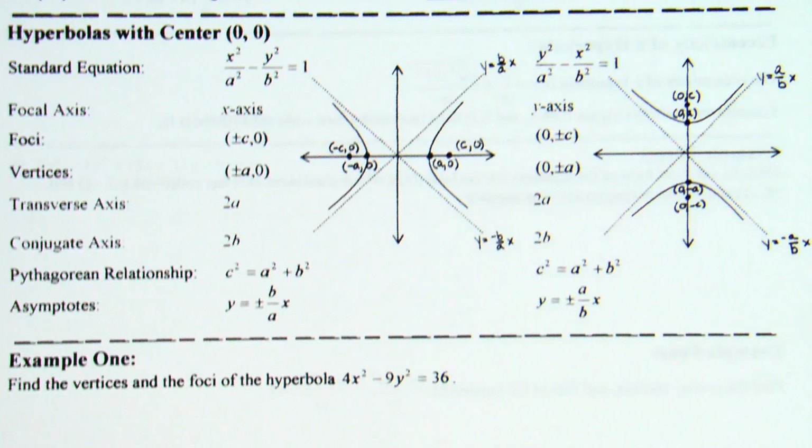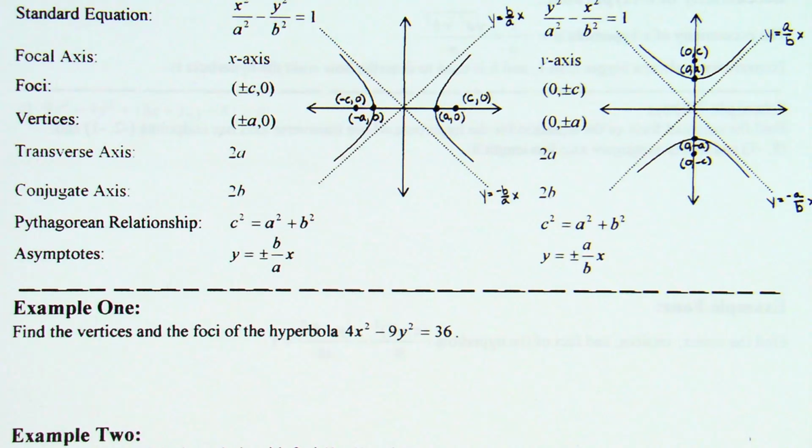Example 1. Find the vertices and the foci of the hyperbola. You guys got a starting point for me? Yeah, we can't really do a whole lot because in order to find vertices and foci, we have to know a and c, but right now it's not in standard form.